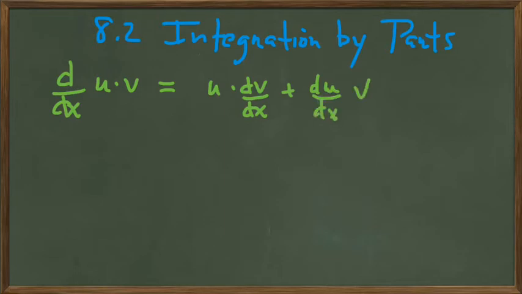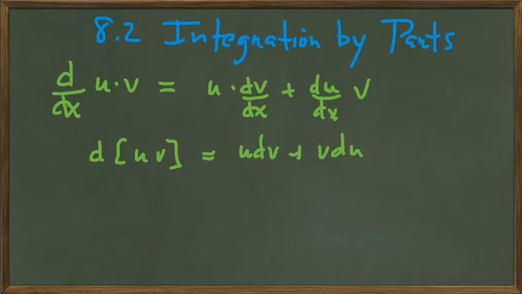And if we multiply everything through by dx, we get d of uv equals u dv plus v du.